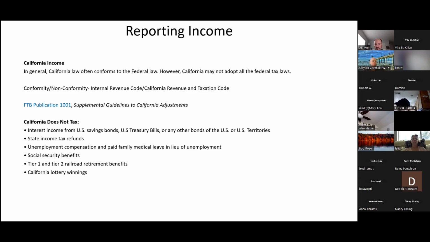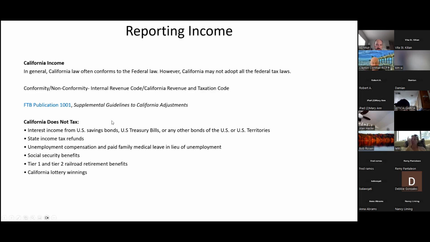For California, your lottery winnings are not taxed. You probably remember that story from about 4 or 5 months ago, where someone won, I think, $1 billion with a B, and it had to do with the California lottery. So taxed by the federal government, not taxed by the state of California.